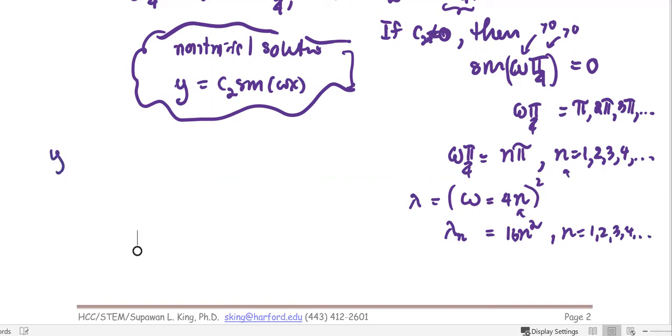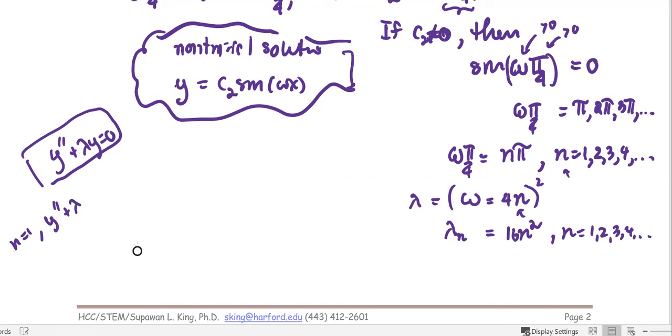Recall the equation is y double prime plus lambda y equals 0. This is our differential equation. So if you pick one n, you get one equation. For n equals 1, you get y double prime plus lambda 1 y equals 0, where lambda 1 is 16, and lambda 2 is 16 times 4, or 64, and so forth.